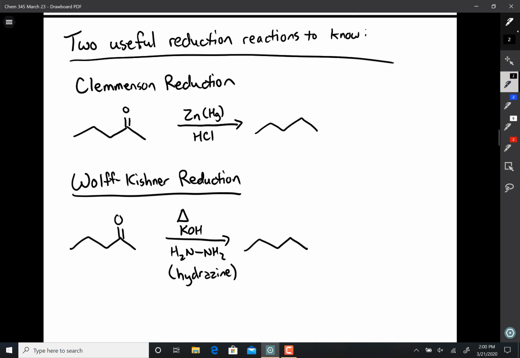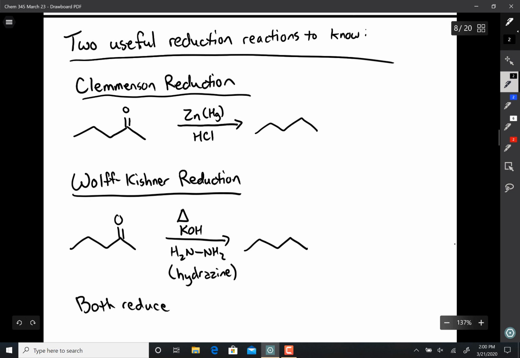Both reactions reduce ketones and aldehydes to alkanes.